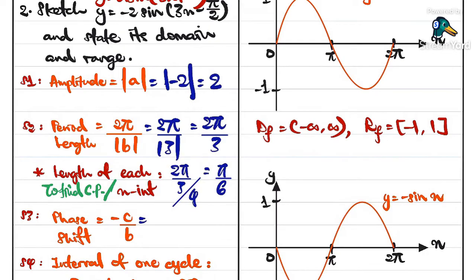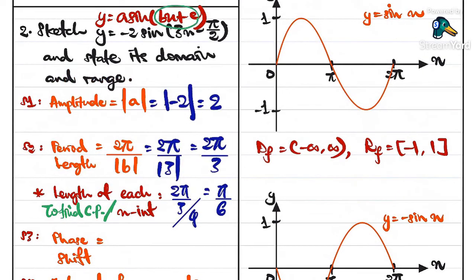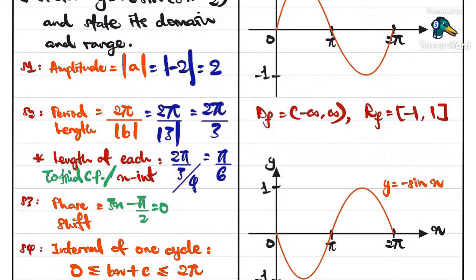And then the phase shift here. I know I gave you a formula, but I would prefer to use the linear part here and make it equal to 0. So it will become 3x minus pi over 2 equals 0, and therefore my x is equal to pi over 6.